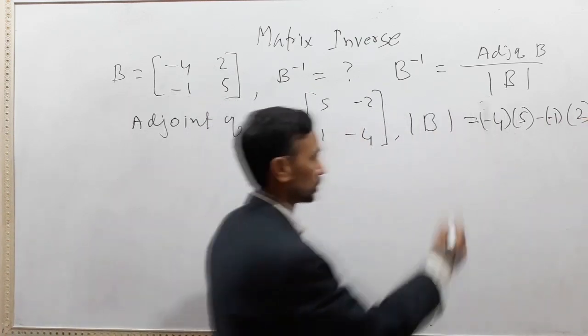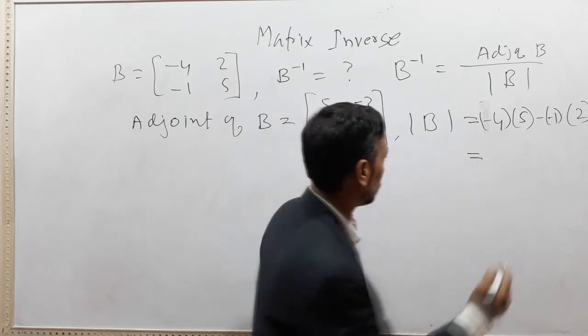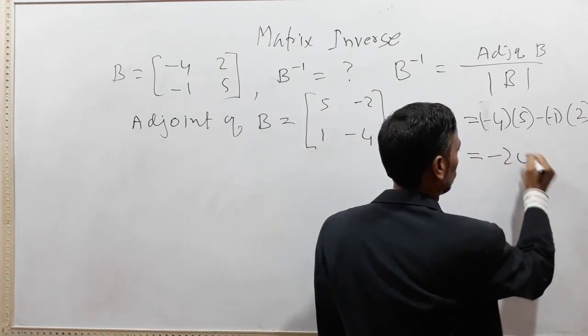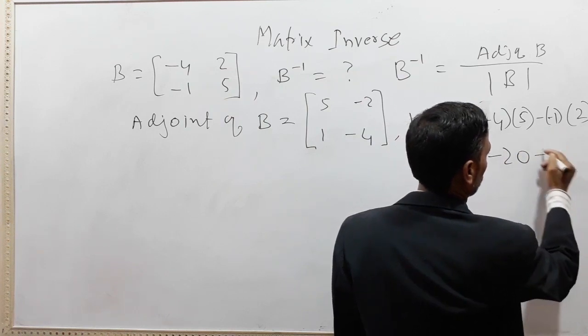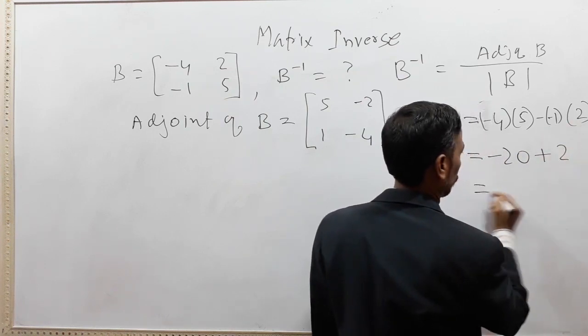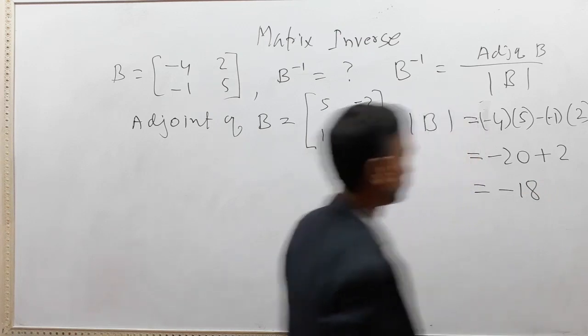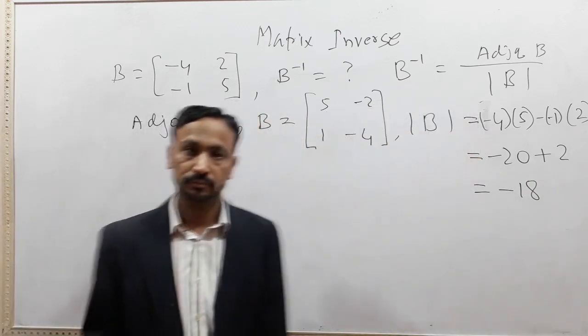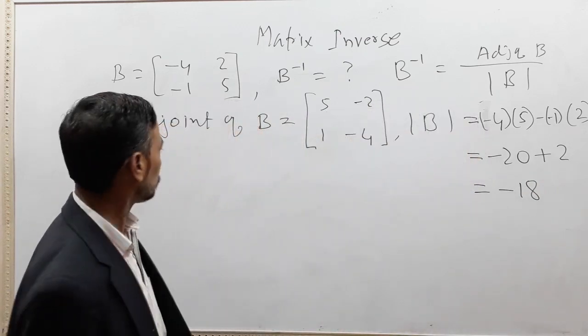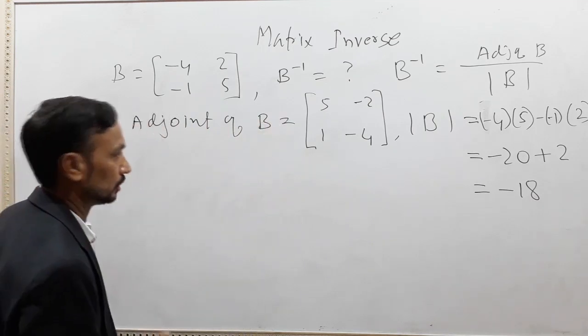The result is minus 20 plus 2, which is minus 18. Now we'll put the values in the formula.